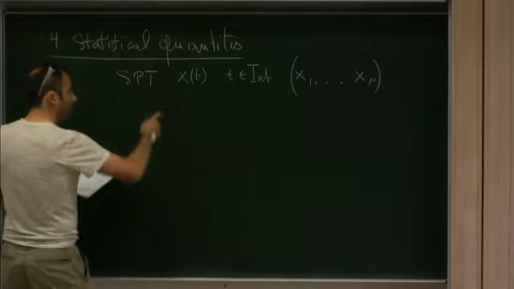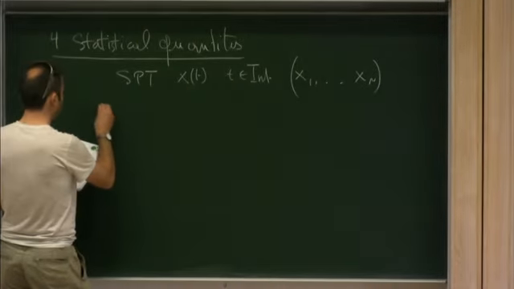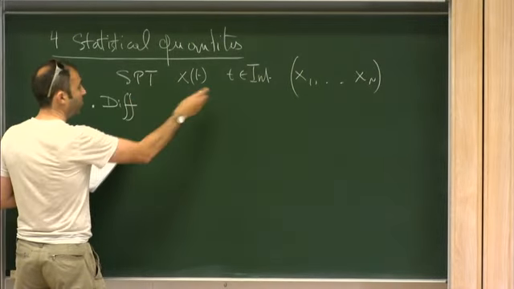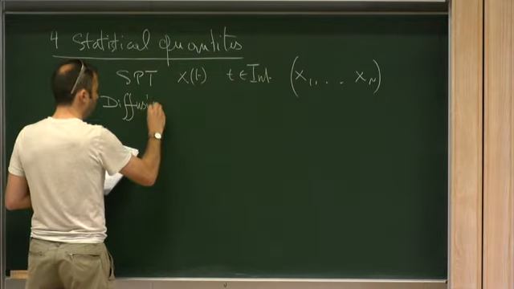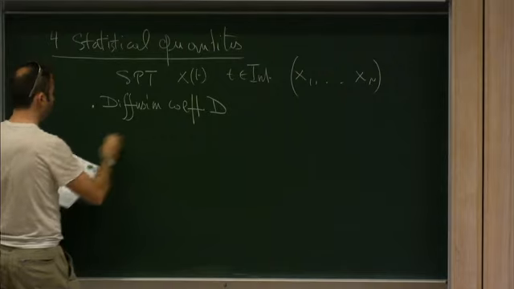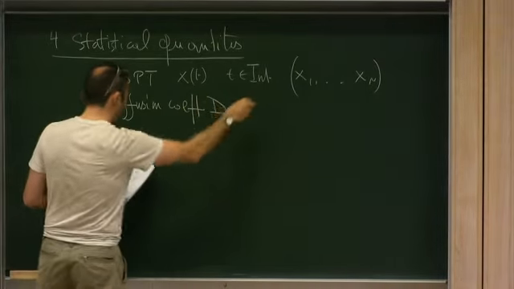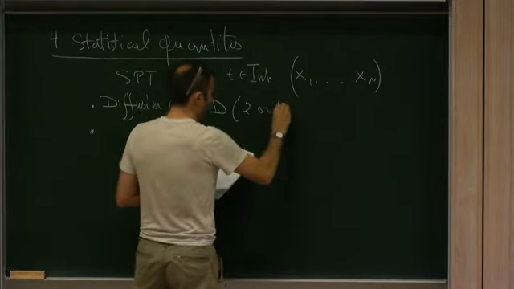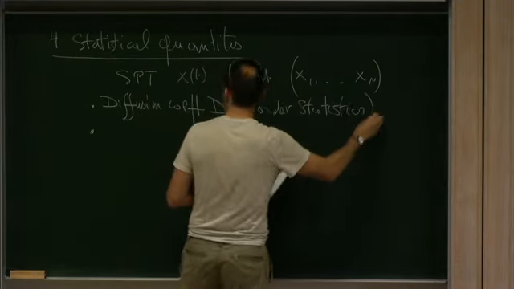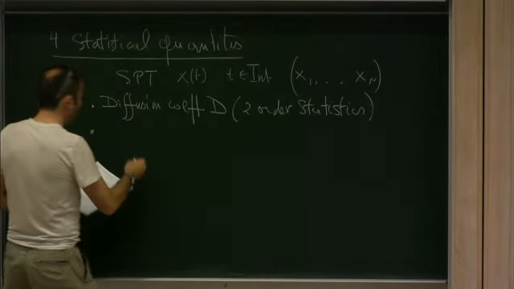So then, suppose you have this information, can we calculate? We are interested in calculating, first of all, can we estimate from this the diffusion coefficient, which gives some information about the second order statistics of this. We can.